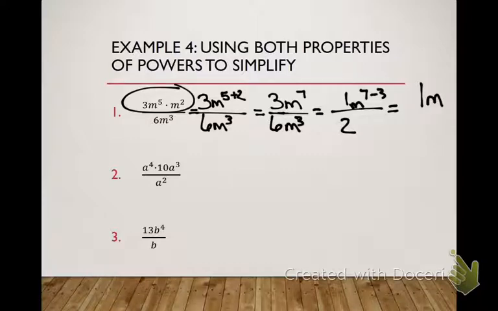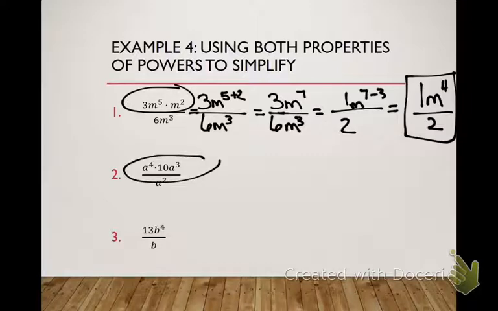It's going to be 1m to the 4th over 2. Technically, I don't even need the 1. All right? So the first thing you do is simplify the numerator or denominator, whichever one, and then you can divide, subtract, and get to your answer.